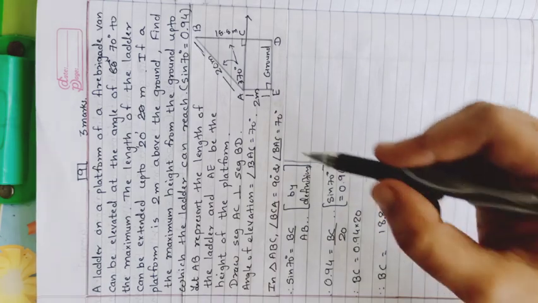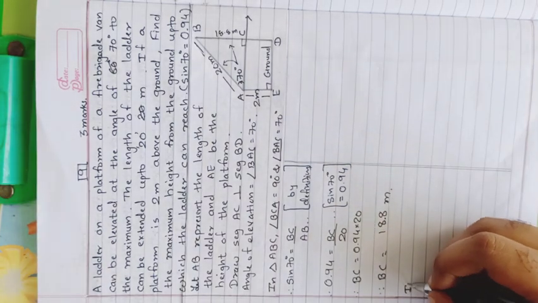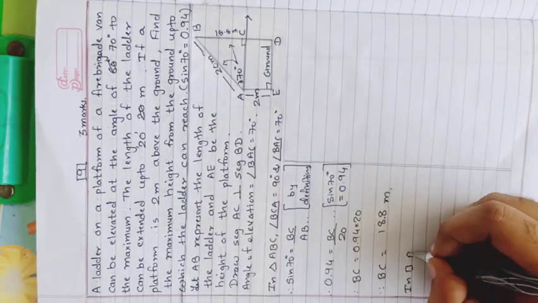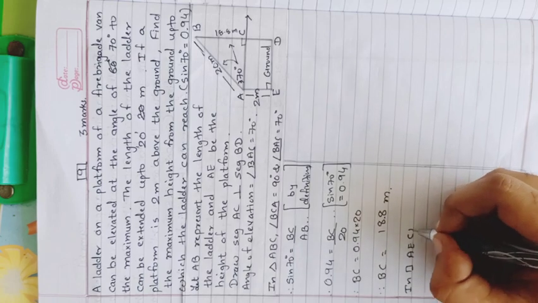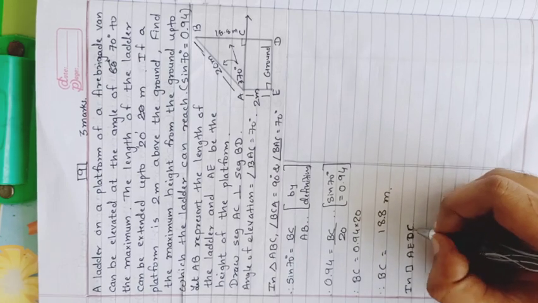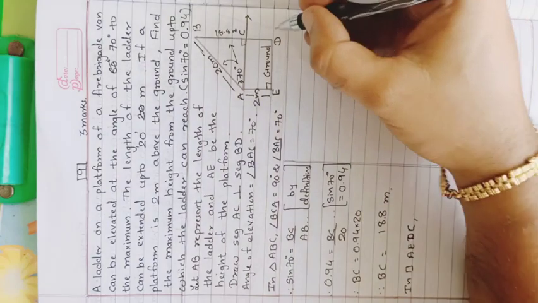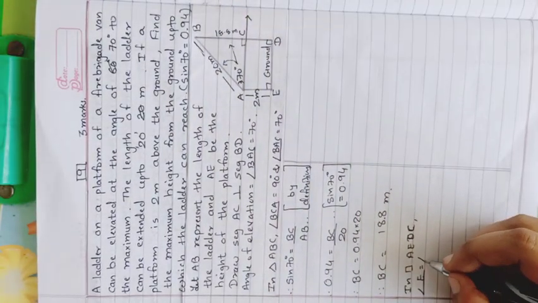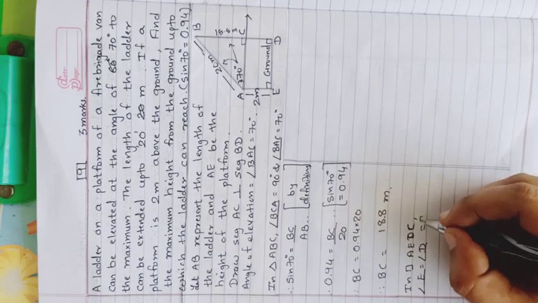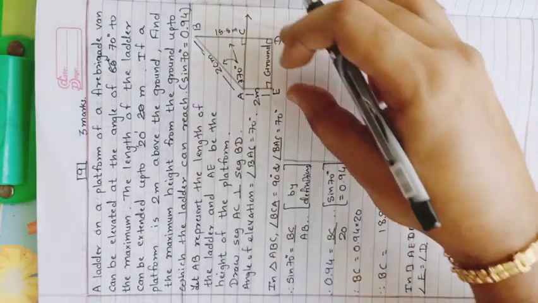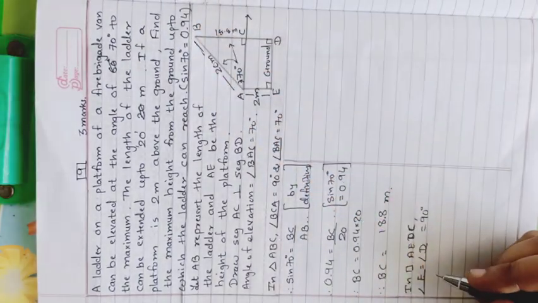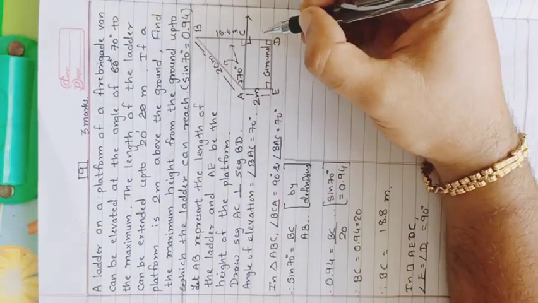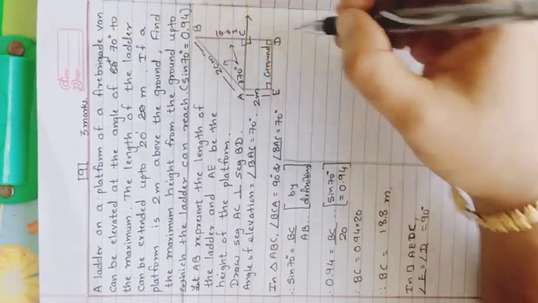Now in quadrilateral AEDC, we know that angle E equals angle D equals 90 degree, because they are vertical things. Then angle C is 90 degree because of construction.